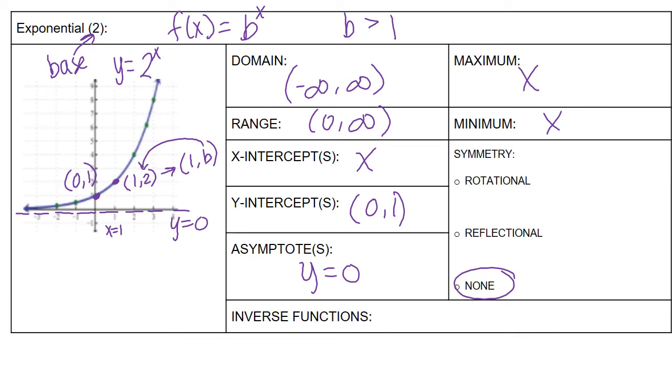My inverse function is f inverse of x equals log subscript b of x. So it's log base b, whatever that b value is. For this function, its inverse would be base 2, right? So the inverse here would be log base 2.